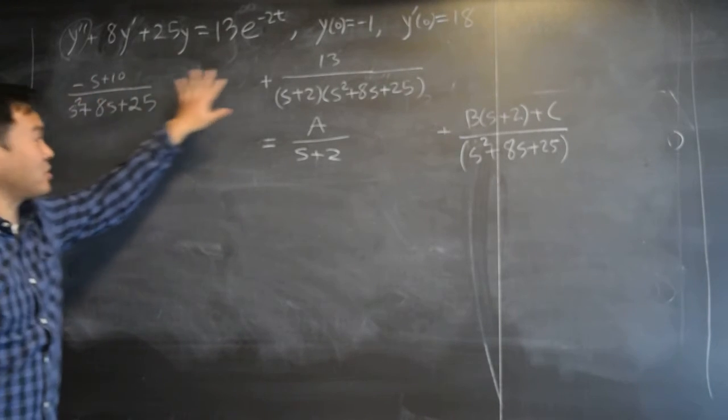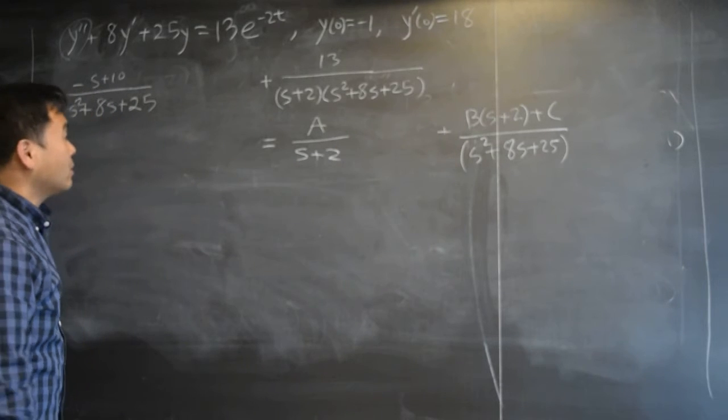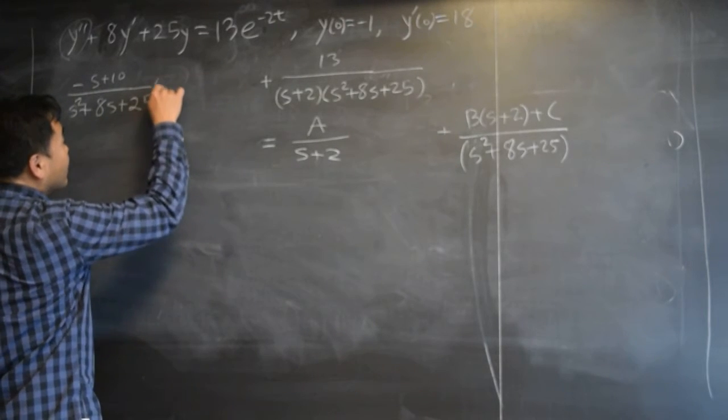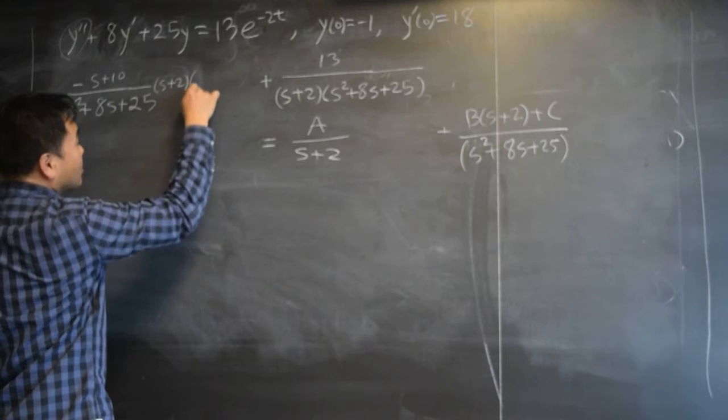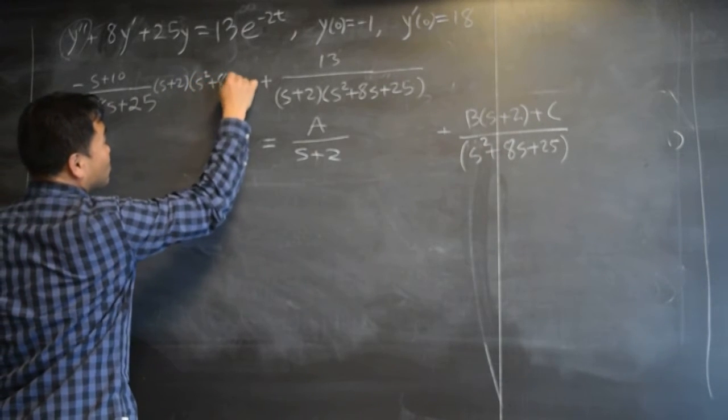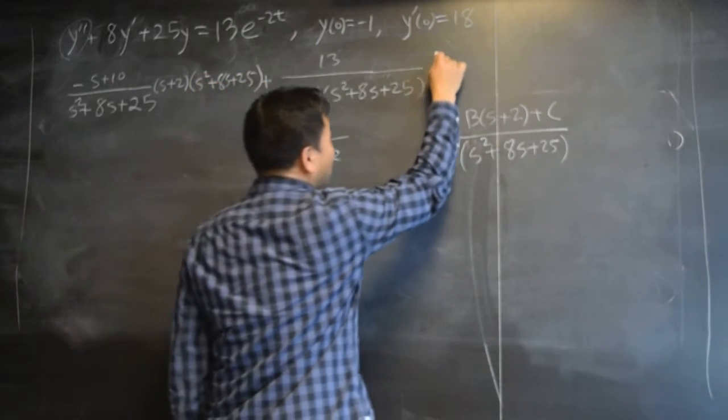But you should know, this is the left side, that's the right side, okay? All right, now we multiply what? s plus 2, s squared plus 8s plus 25 to every term that you see.